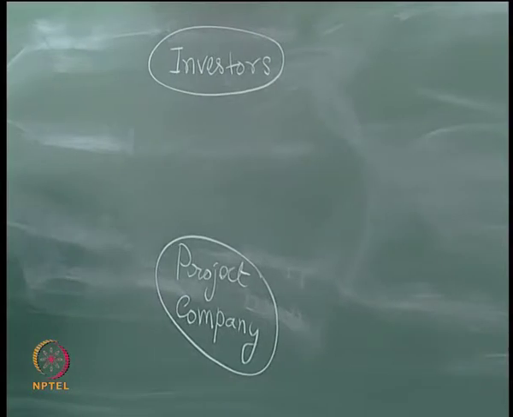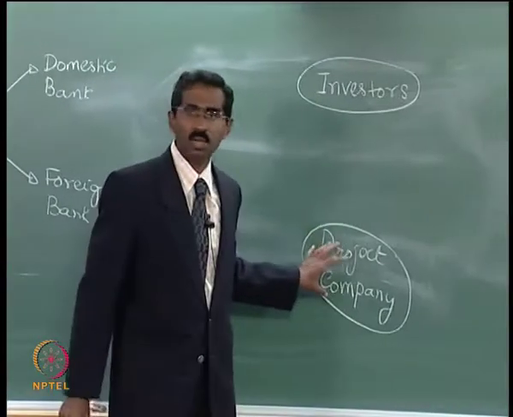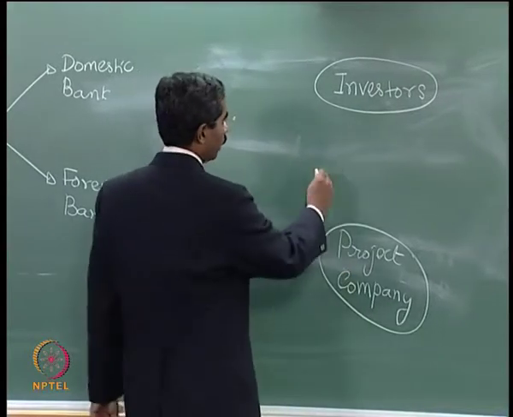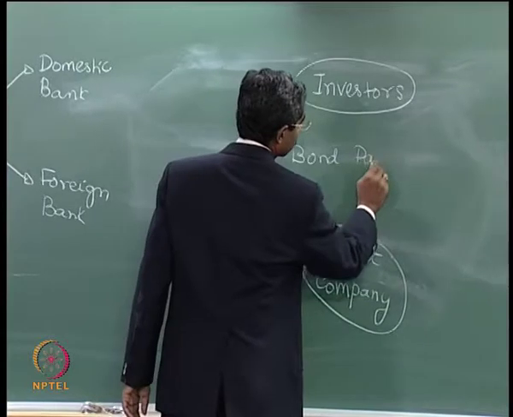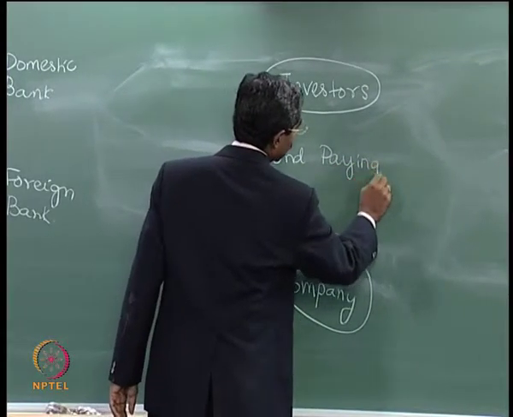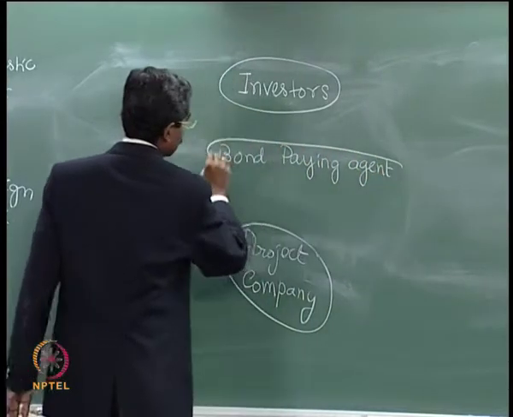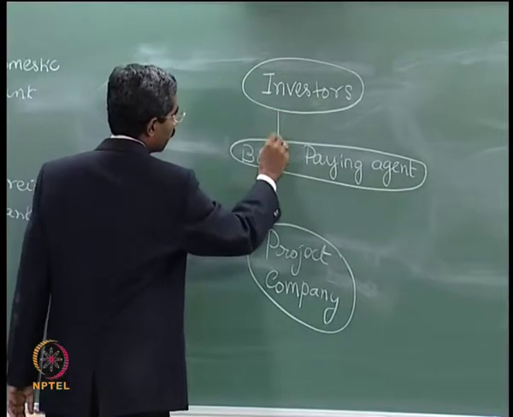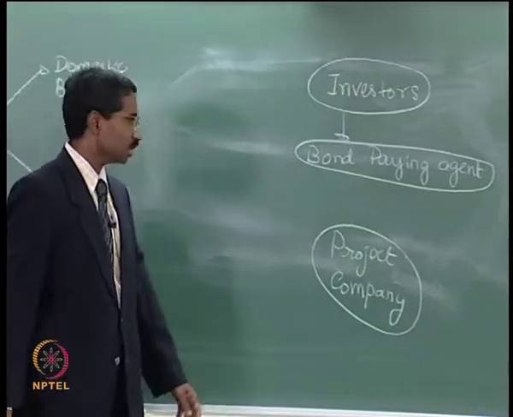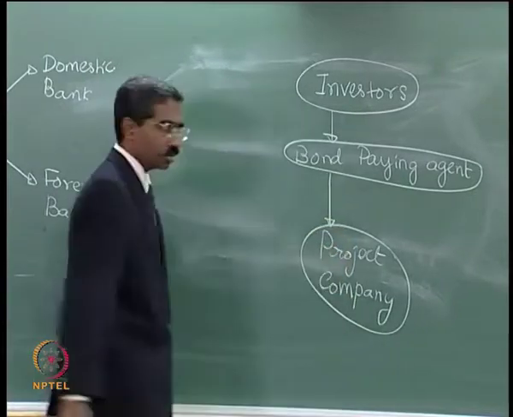When the investors subscribe to the issue, the money does not directly go to the project company. So you have what is called your bond paying agent. The money subscribed by the investors goes to the bond paying agent, and the bond paying agent in turn releases the money to the project company.